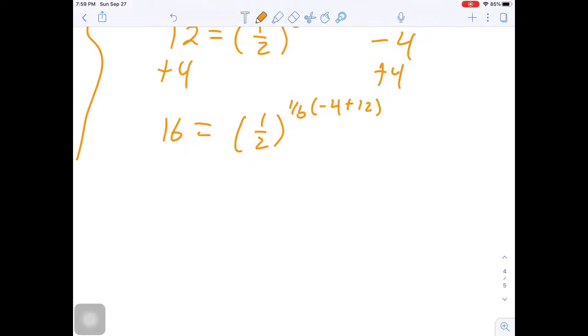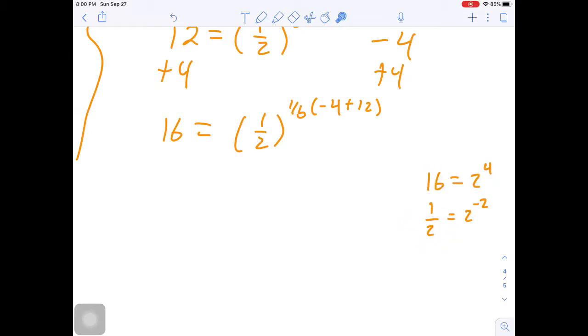Okay, so I know that 16 can be represented by 2 to the power of 4. I also know 1 over 2 can be represented as 2 to the power of negative 2. Okay, so there are videos on this in your slideshow. Make sure you definitely understand your exponent laws, or else this can be very hard.